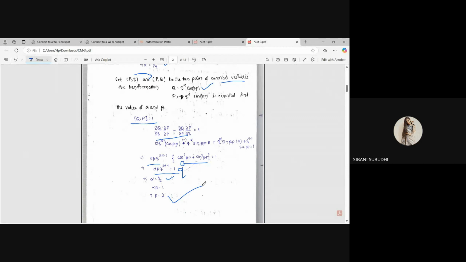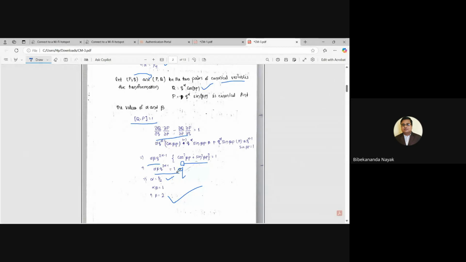Yes, sir. This type of question is asked in your examination. The Poisson bracket formula is this. Whatever the given functions, their Poisson bracket must be 1 if they are canonical. Sir, is alpha minus 1 by 2 or plus 1 by 2?